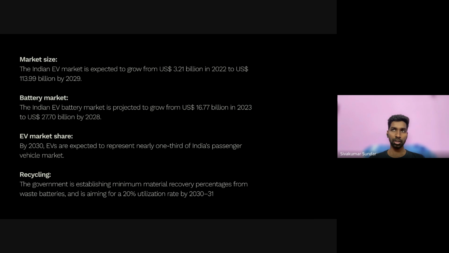Even today, you might see not a lot of people are using it. But since the market is going to expand by 2029, it is said it will be 100 times more than what it is today. So they'll understand, oh, it is definitely growing. And since the government is also encouraging people to buy more EV vehicles and giving them subsidies, the market is definitely going to increase. More people will start using EVs.